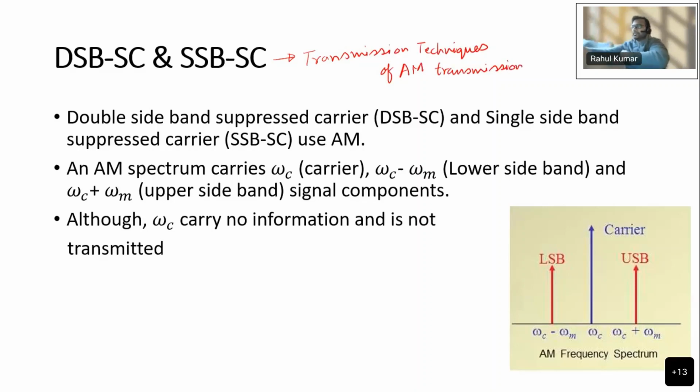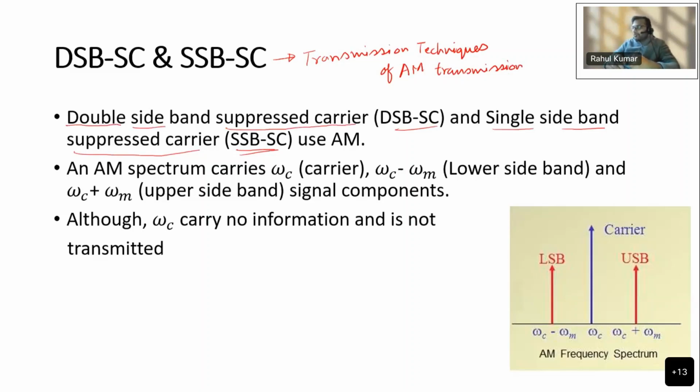Let me write it properly. DSB-SC stands for double sideband suppressed carrier, and SSB-SC stands for single sideband suppressed carrier.